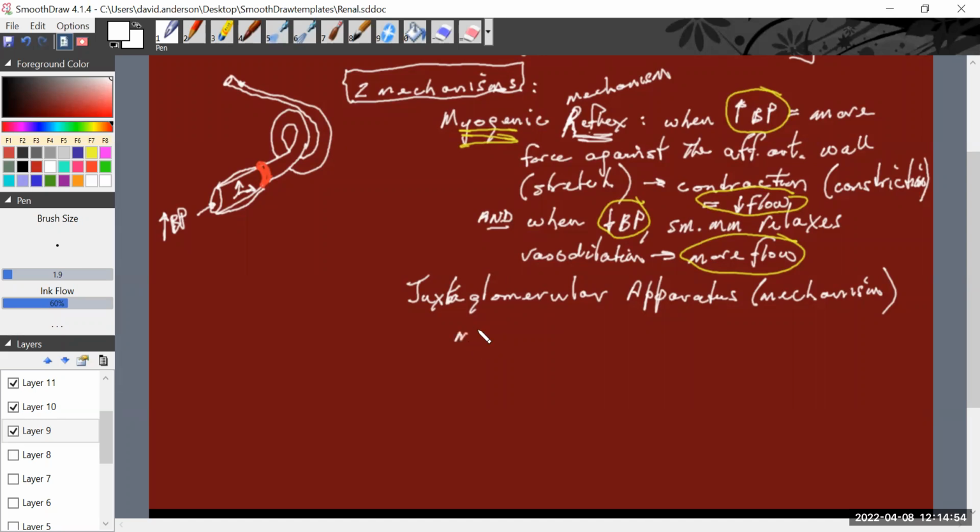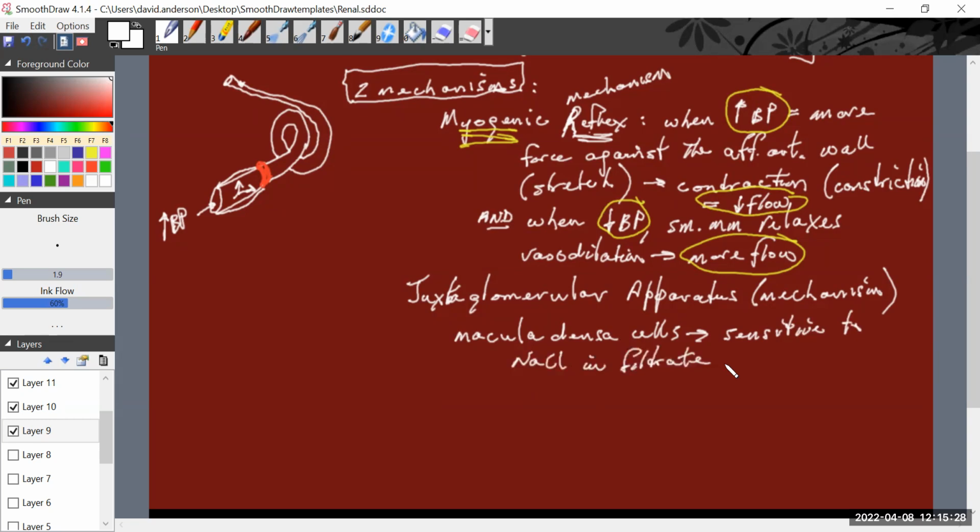We said there were macula densa cells, and the macula densa cells were found in the distal convoluted tubule, right? These were cells in the tubule that were sensitive to salt, sodium chloride in particular, in the filtrate.